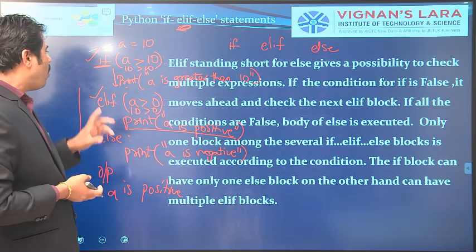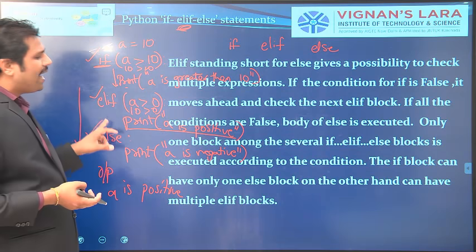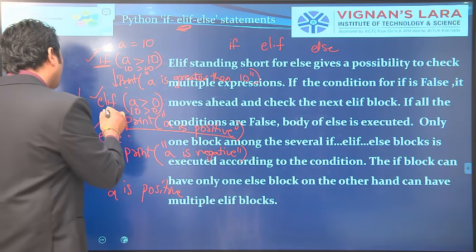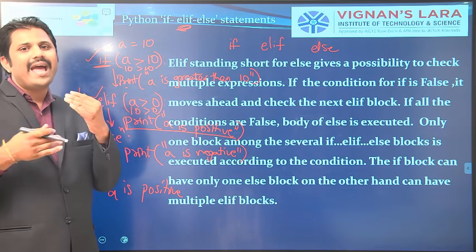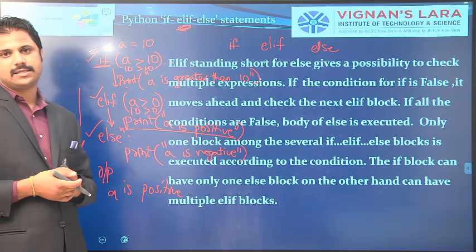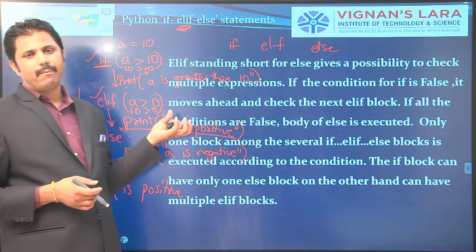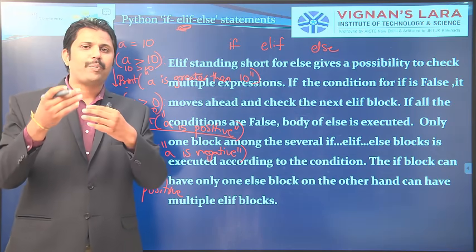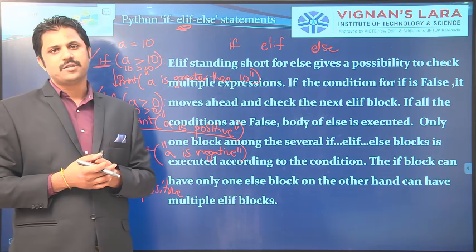You may have one more doubt: how many elifs are you going to write? You have to write n number of elif statements in between if and else. Okay, so this is the simple example I am taking. We have to practice more examples on these concepts.